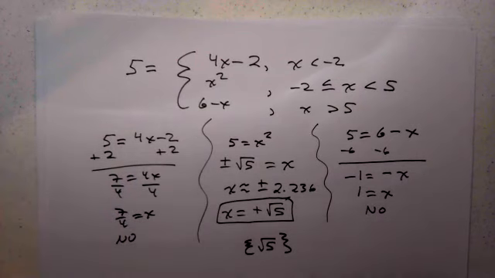Now I'd like to see this. So let's see if we can draw this piecewise function on Desmos and identify our previous answers. So the first part is I want y equals 4x minus 2, but only when x is less than negative 2.